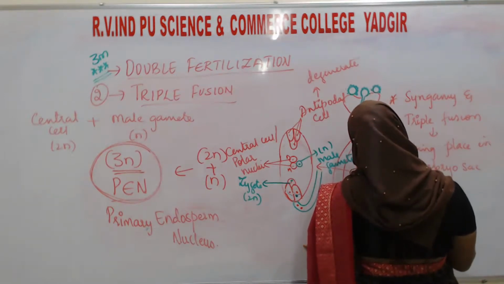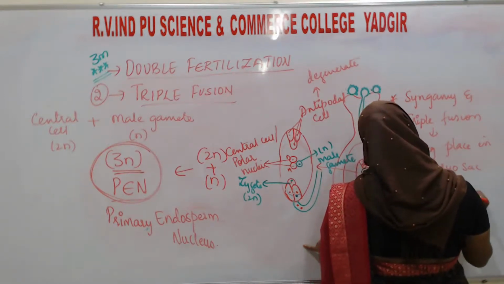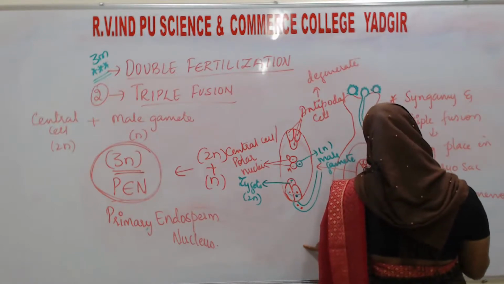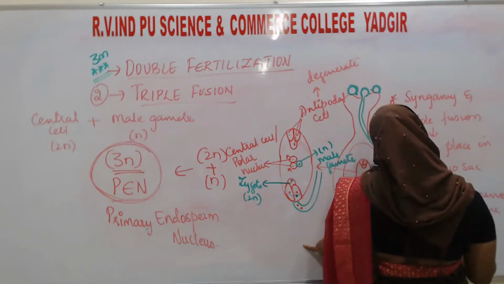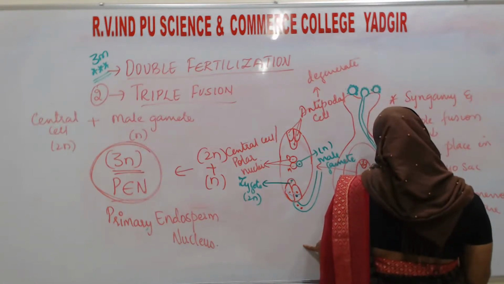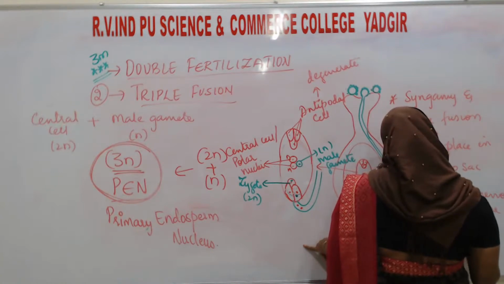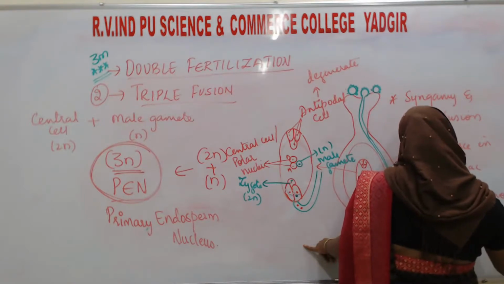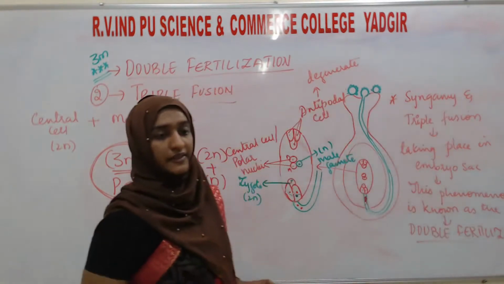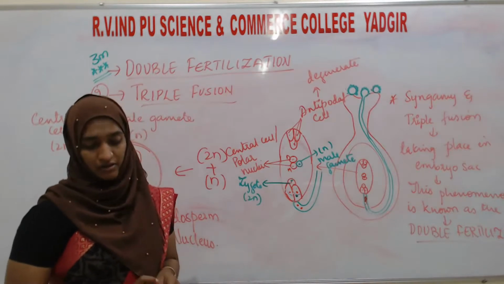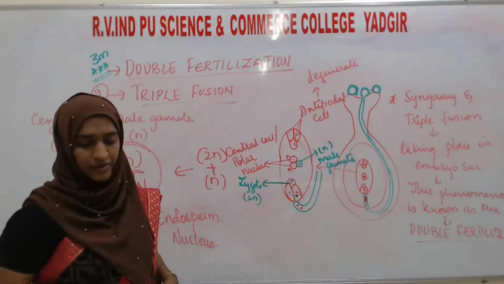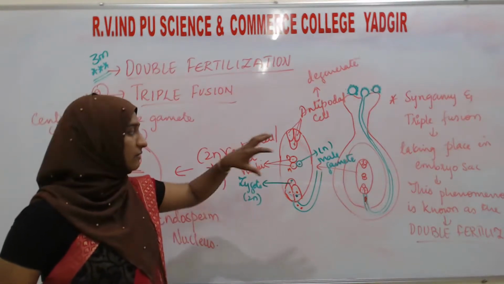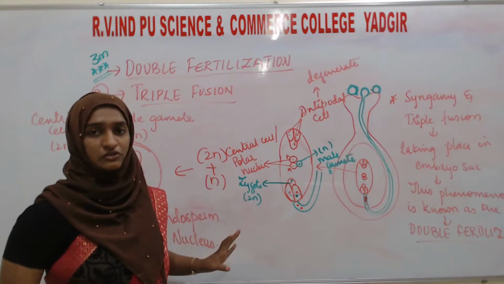This phenomenon is known as the double fertilization. Altogether we call this double fertilization. Next, where does it take place? In flowering plants, in flowers, in the embryo sac, this double fertilization takes place.